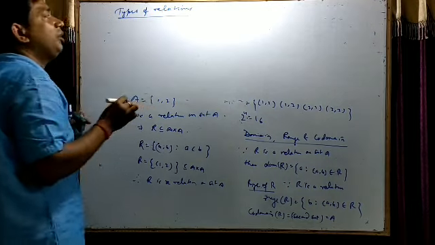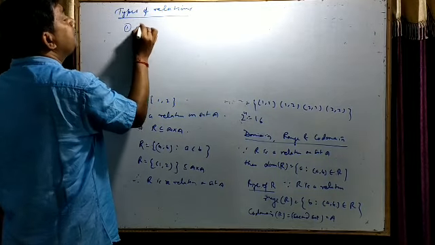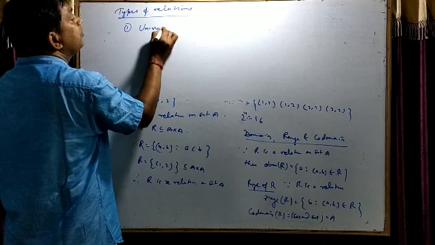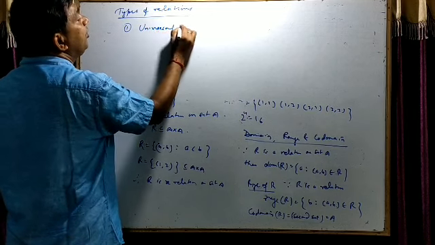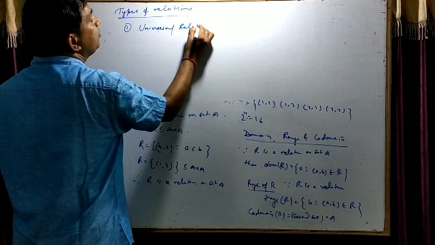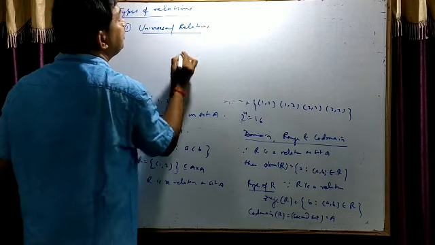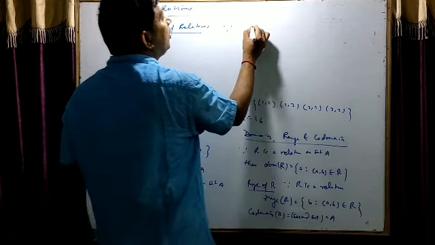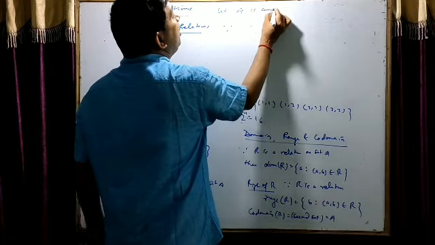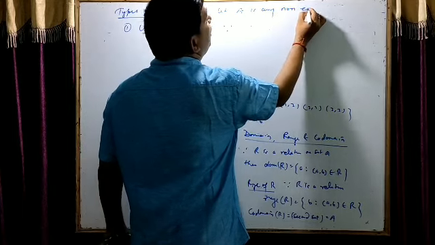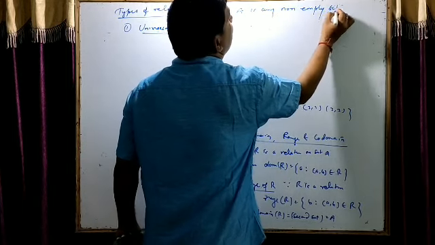First is the universal relation. Let A be any non-empty set.